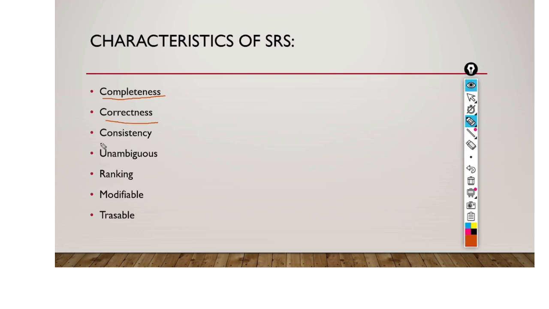While taking the requirements, they should be consistent and unambiguous, meaning we should not have any confusion. Ranking is for improvement and stability, and the requirements should be modifiable and traceable.